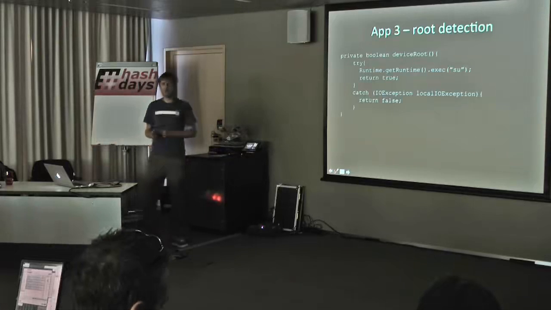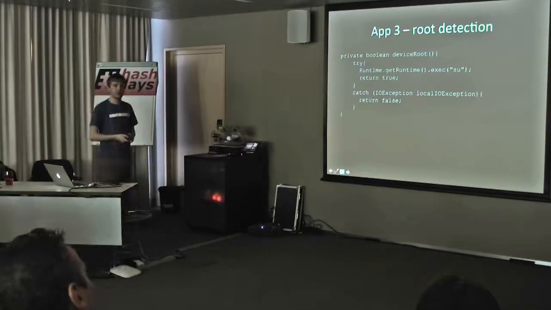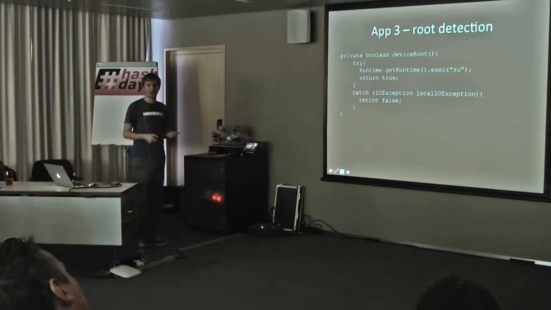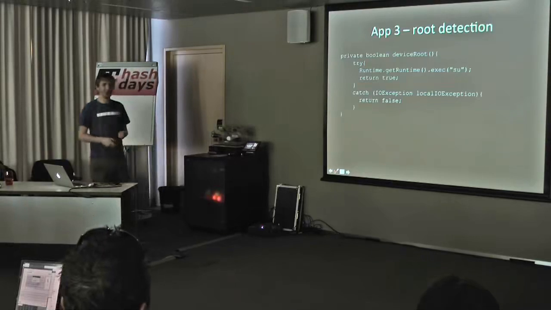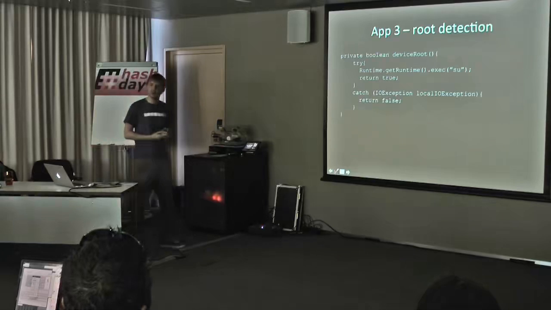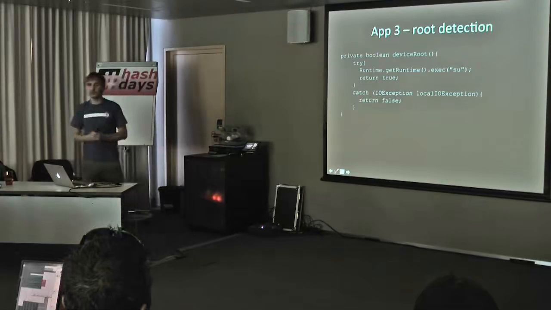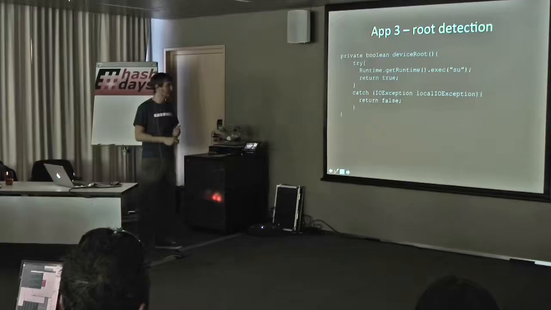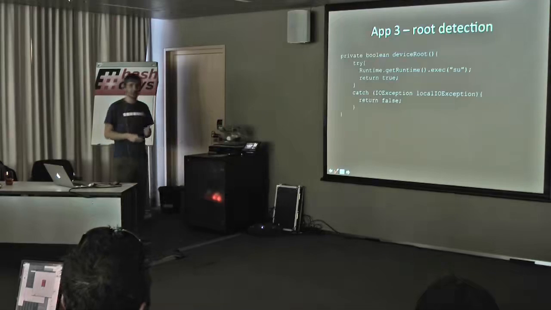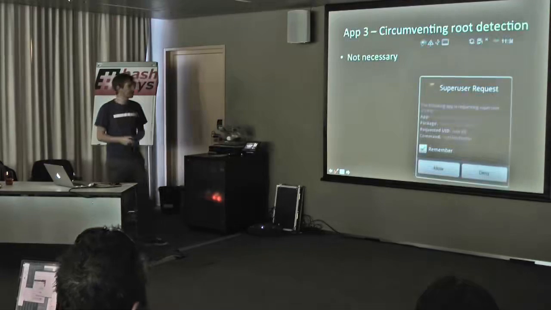So I was thinking, yeah, that could be hard to circumvent, because every app can call su if the phone is really rooted. But then I realized, when I did my rooting, there was an app installed called superuser.apk. This superuser.apk Android app does nothing else than, before an app is granted superuser permission, it asks the user.